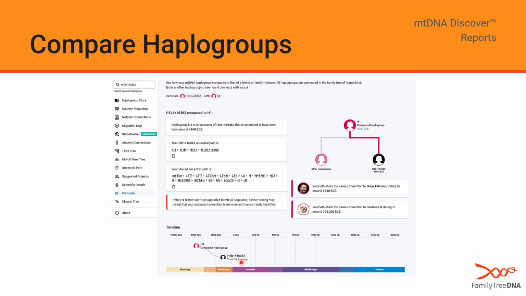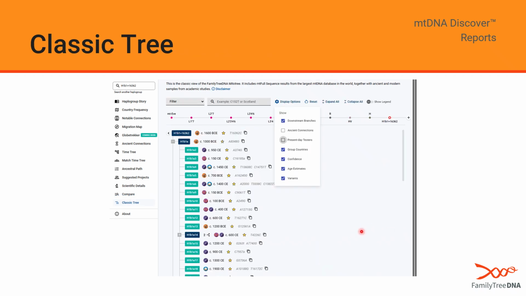You can also compare your haplogroup to other people, both ancient, modern, and people in your project, to see how your haplogroup compares. It can give you an idea of where you match up in the database. And then lastly, you can take a look at all of this information that is outlined here on our tree.